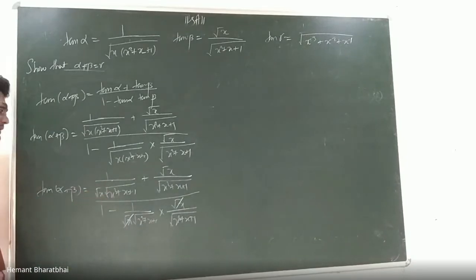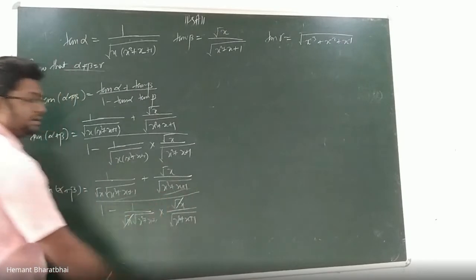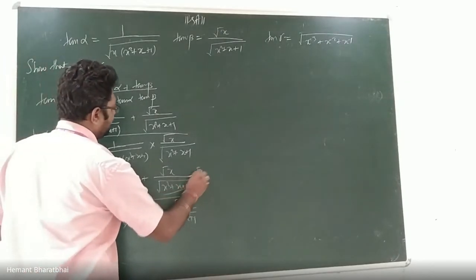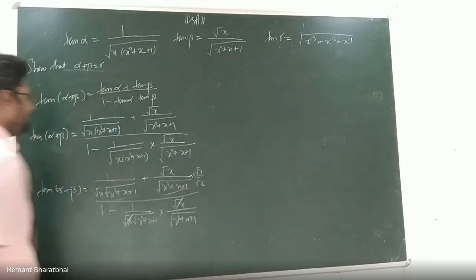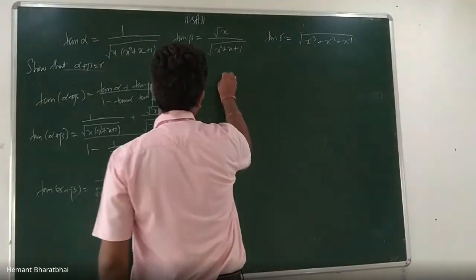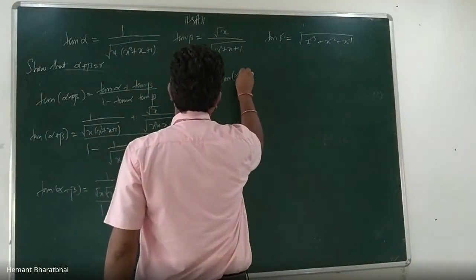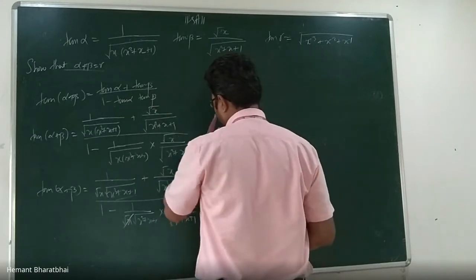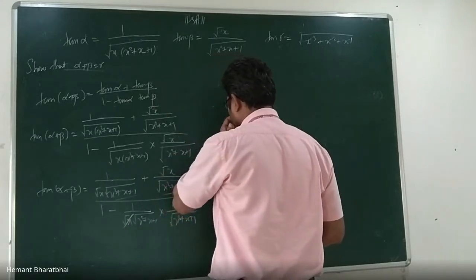In this case, I have this term over here. To equalize the denominators, I will have to multiply and divide by root x, so that my denominators become equal. So that is what I'm going to do. So I'll get tan of alpha plus beta is equal to, when I multiply and divide by root x, root x into root x will give me x.